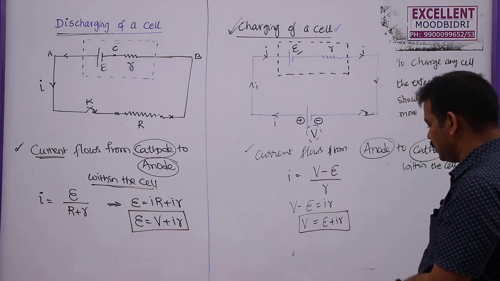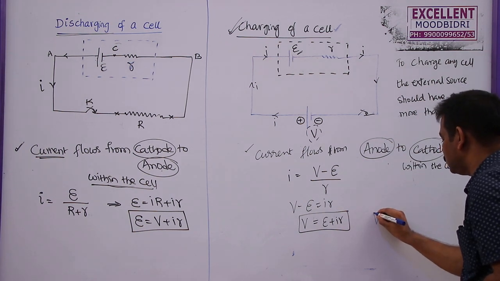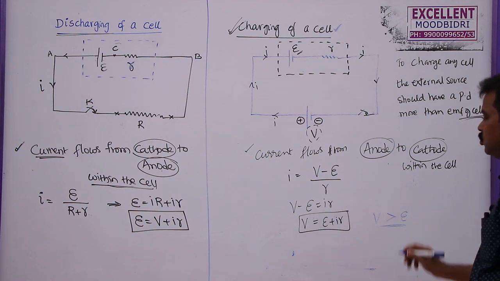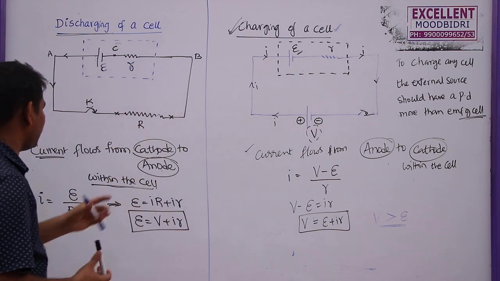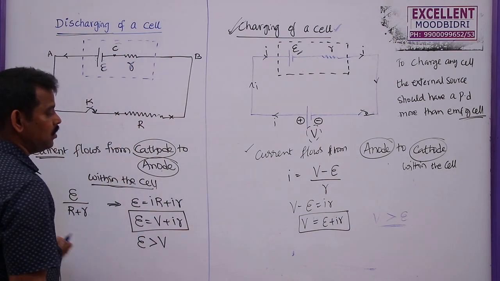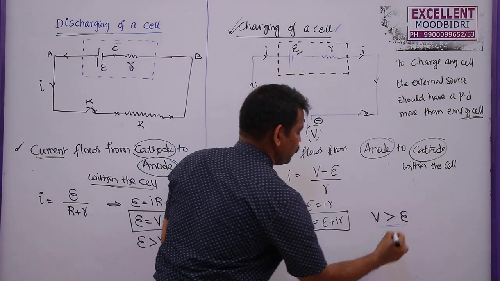So from this formula we can say V is greater than E. So the potential of the battery should be greater than the EMF of the cell to be charged. But during discharging, EMF is greater than potential difference, while charging, potential is greater than EMF of the cell.